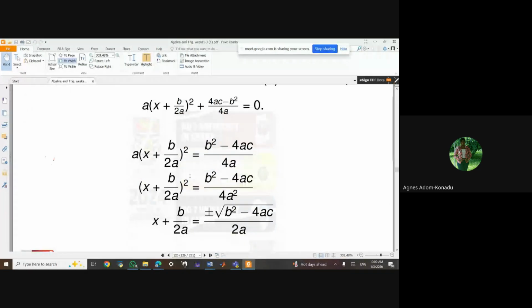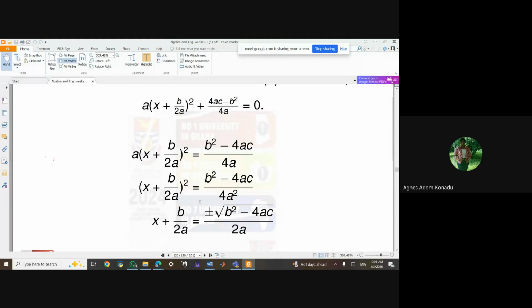So this one comes to the other side, then I have a into bracket s plus b over 2a, in a bracket squared, is equal to b squared minus 4ac over 4a. So simplifying, I divide by a, so I'm going to get s plus b over 2a, all squared, is equal to b squared minus 4ac divided by 4a squared.